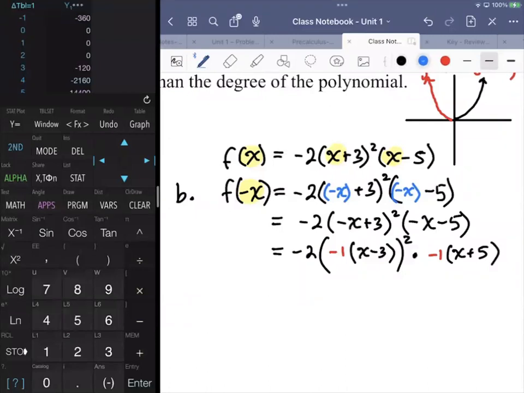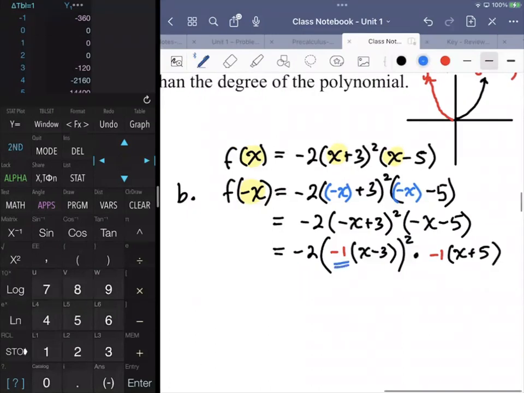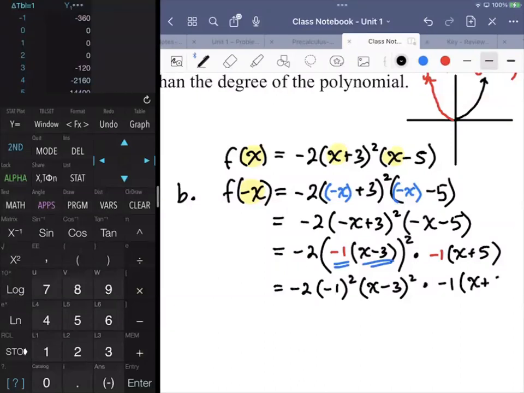So this is the key to everything here. If I take this base, which is raised to a power of 2, I can actually raise each part of that base to the power of 2 separately. So it would be -2, (-1) squared, (x minus 3) squared, and then I still have that -1 times (x plus 5).